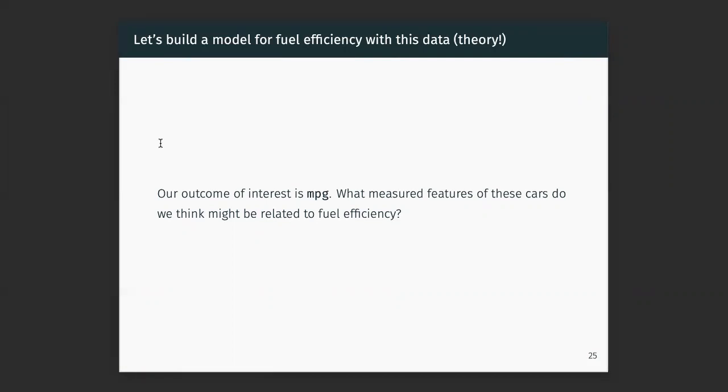But we're going to say miles per gallon is related to some other features of the car that we're going to call X. And we want to think about what a model should be for that.